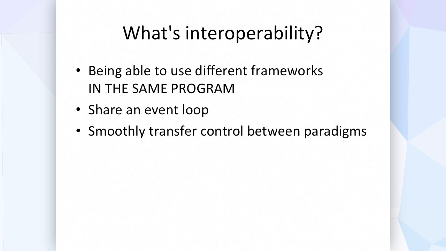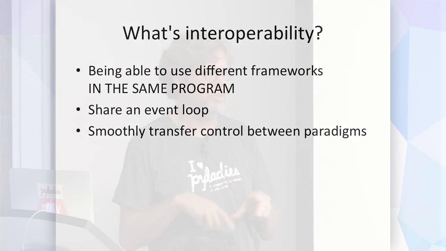Different frameworks being usable together in the same program, in the same process space. So say you import Tornado because you want to write a web server, and you import Twisted because you also want to have an IRC interaction as part of your service. How do you tie those together? Well, they somehow have to share an event loop.